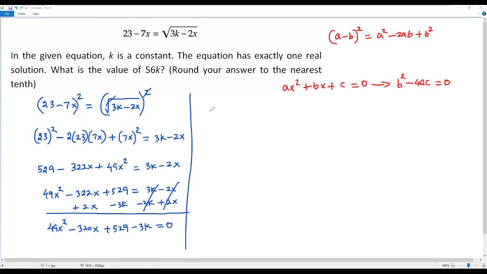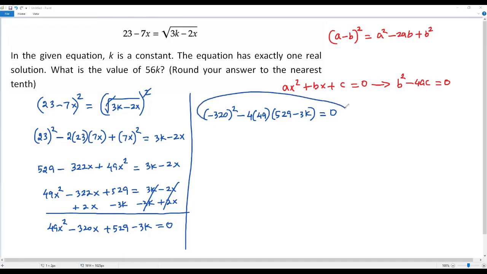Then I'm getting negative 320 the whole square minus 4 times a. A is the coefficient of x squared, which is 49. And c is the constant term, 529 minus 3k. Let me plug in. Then I'm getting 529 minus 3k, equals 0. The discriminant is equal to 0 because the given equation has exactly one real solution.